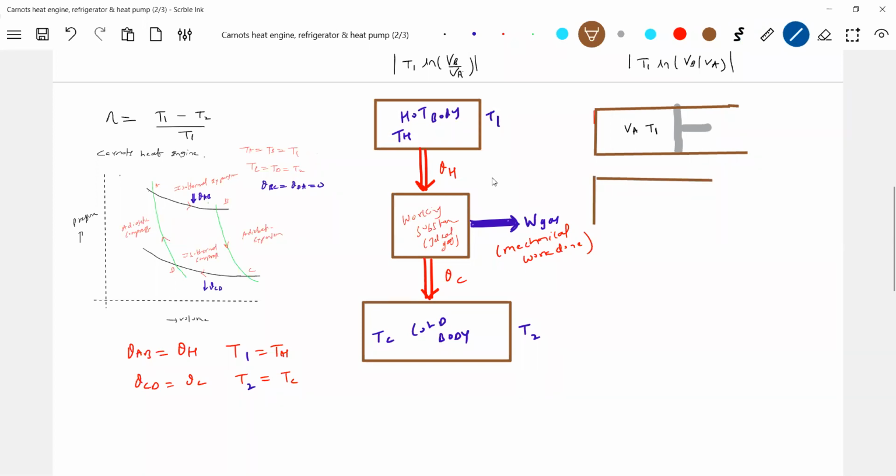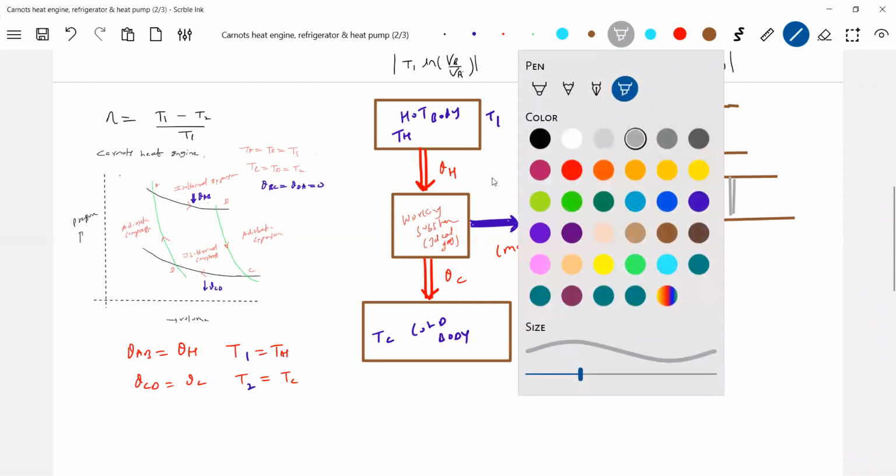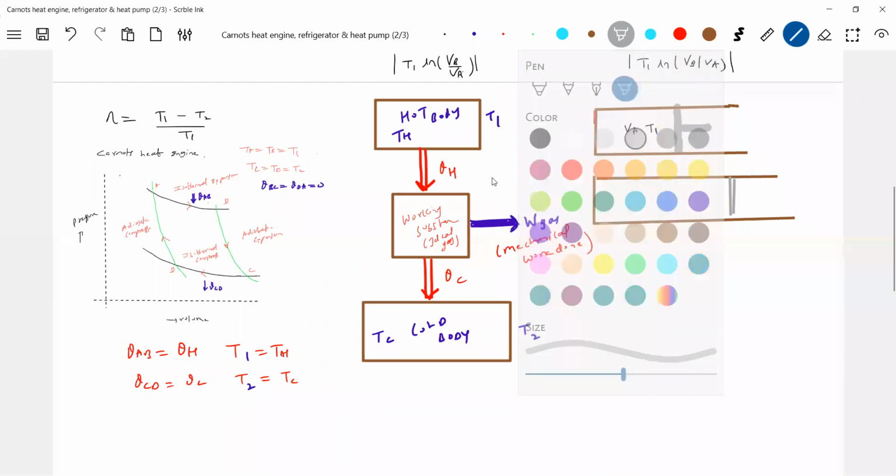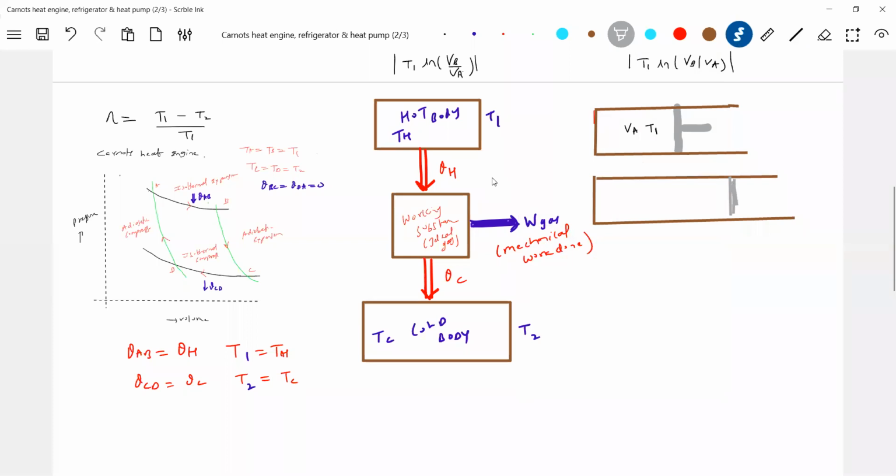So what will happen to the gas? It will undergo isothermal expansion. Let me finish off the diagrams first, then I'll come to isothermal expansion.